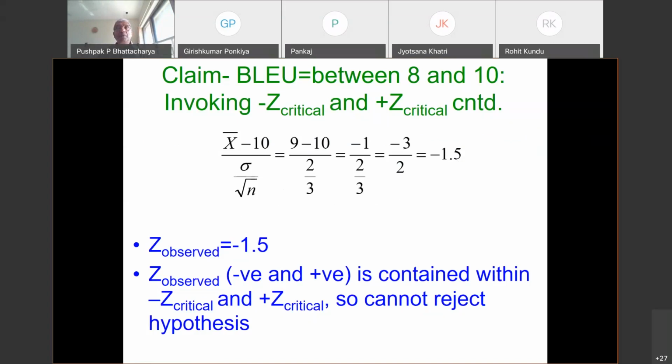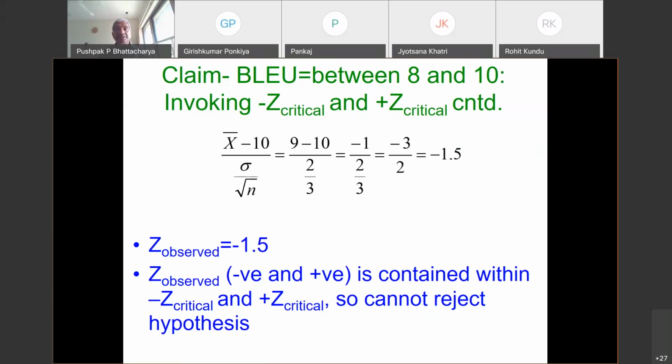So when I have this hypothesis, the blue score is within 8 to 10, I have an observed Z interval, which is between minus 1.5 and plus 1.5. And what is minus 1.5 and plus 1.5? Isn't it contained within minus 1.96 and plus 1.96?